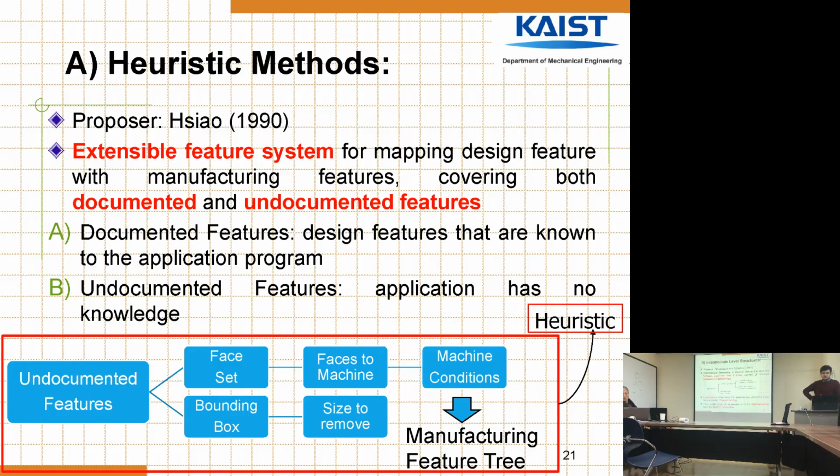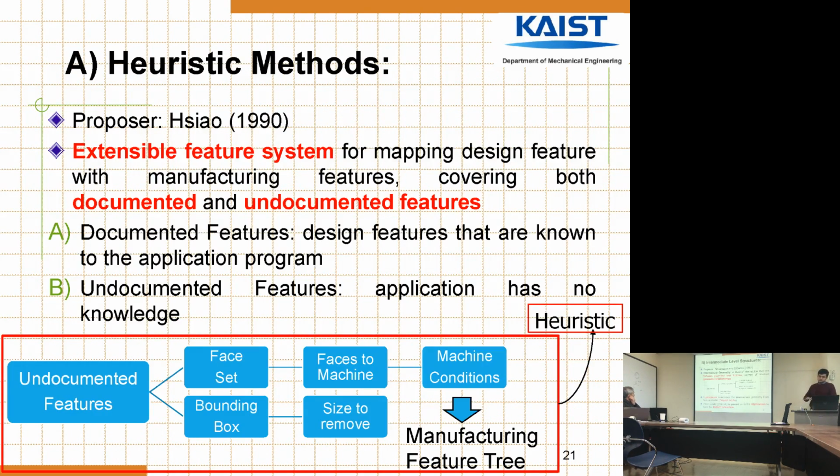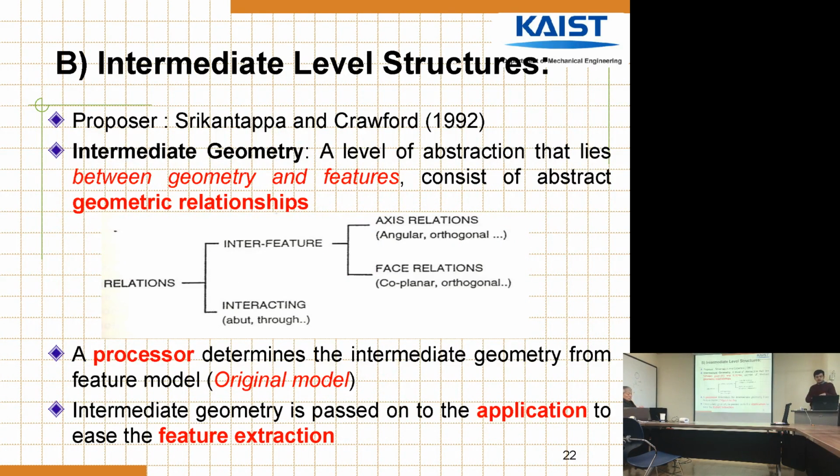The second technique for feature mapping is intermediate level structures. The proposers were Srikantappa and Crawford in 1992. Here the intermediate is actually something in between the geometry and the features. Like more information than the geometry, maybe less information than the features. So the level of abstraction that lies between geometry and features consists of abstract geometric relationships.